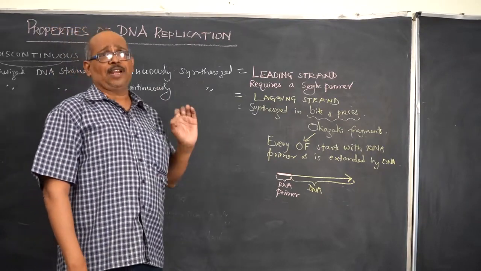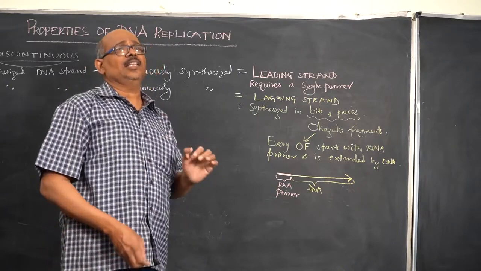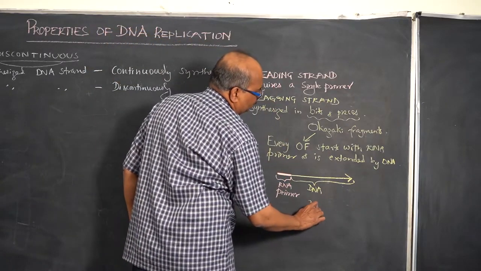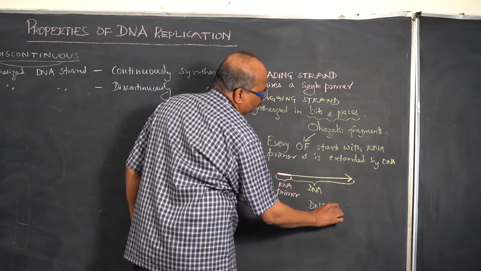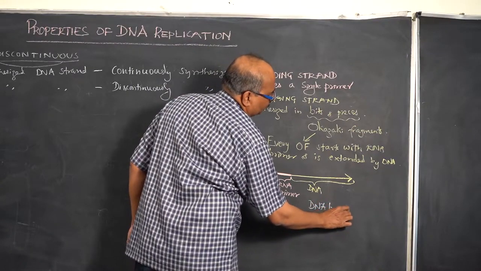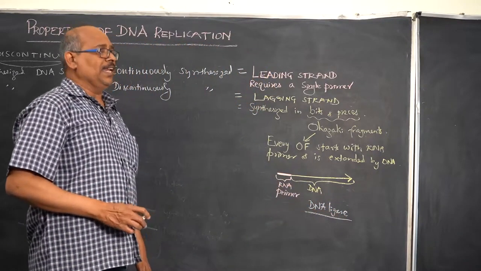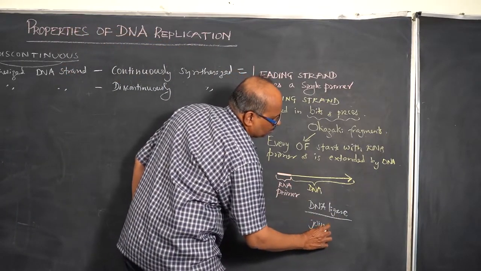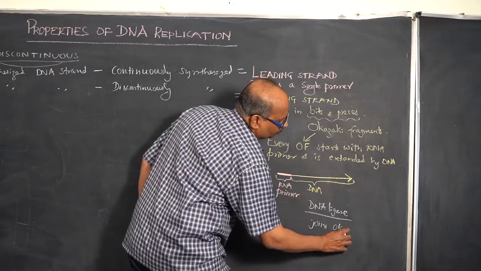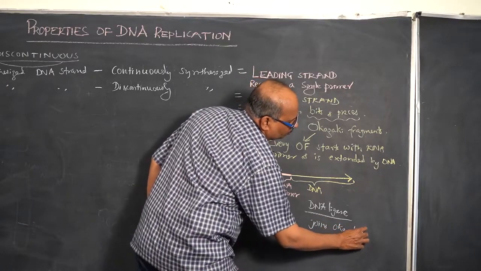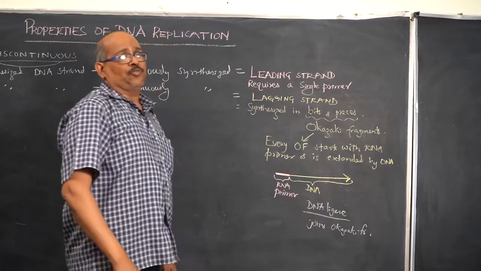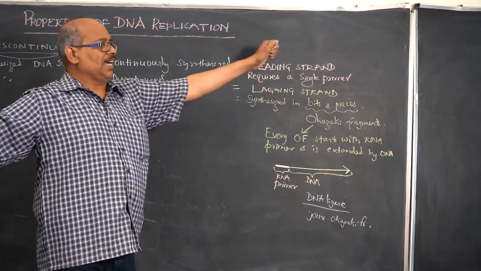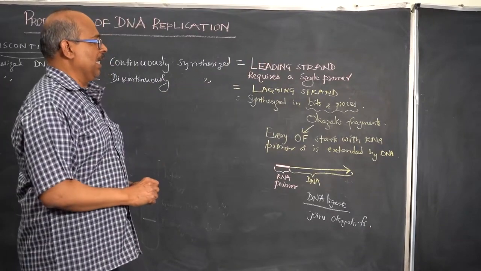The Okazaki fragments require another enzyme called DNA ligase. This DNA ligase joins the Okazaki fragments. So if you have the DNA ligase, you will see the continued lagging strand.